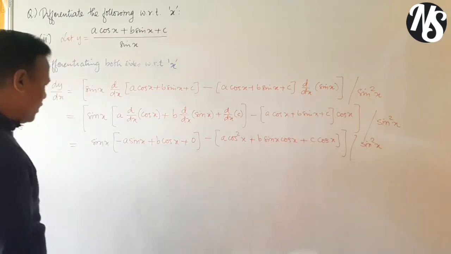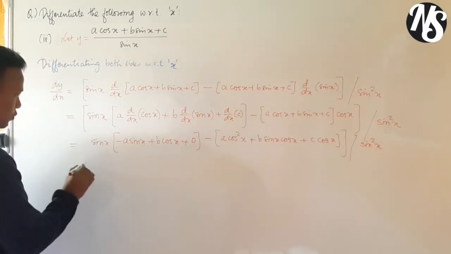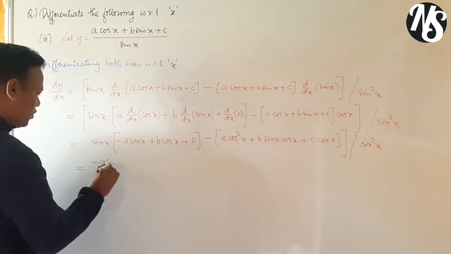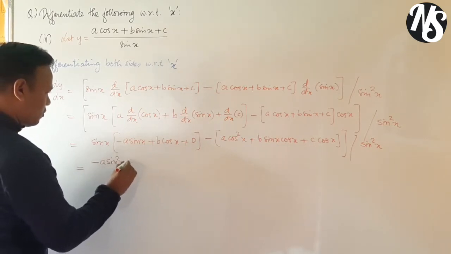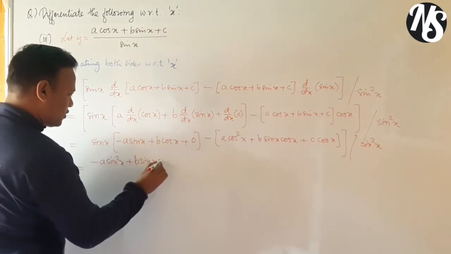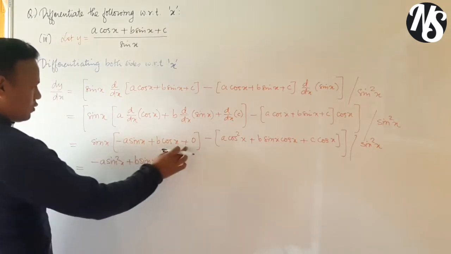Okay, now let's open up the bracket. So we have minus a sine square x plus b sine x cos x. Yes, so 0 is gone.